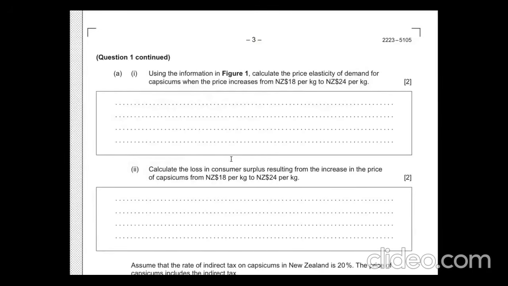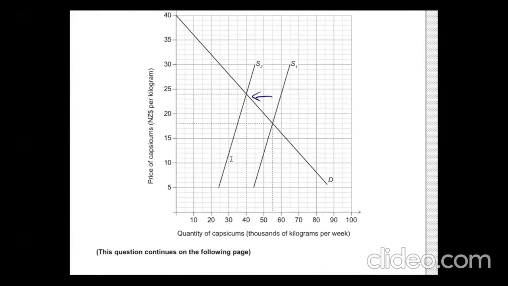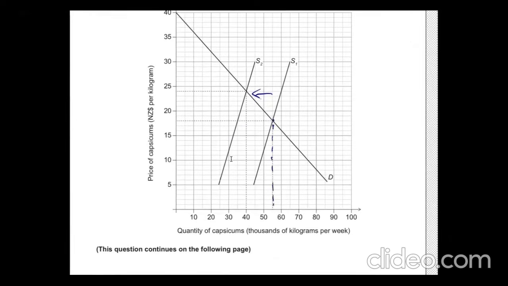Question A1, using the information in figure 1, calculate the PED for capsicums when the price increases from 18 to 24. Very typical PED calculation question: percentage change of price, percentage change of quantity. I know both of them clearly. So price first: the difference between the 2 prices over the previous price. About the quantity, previously 55, decreasing to 40.